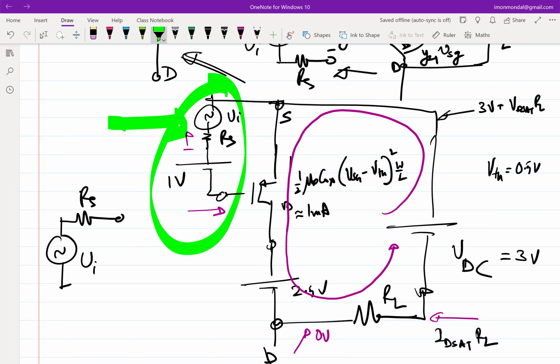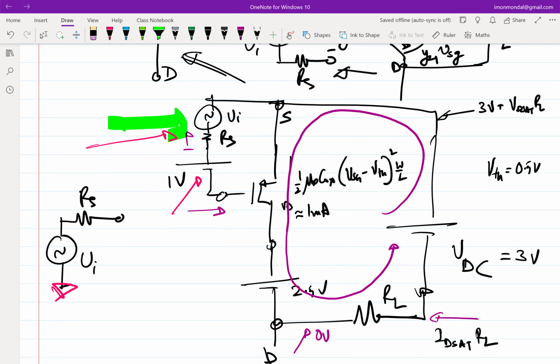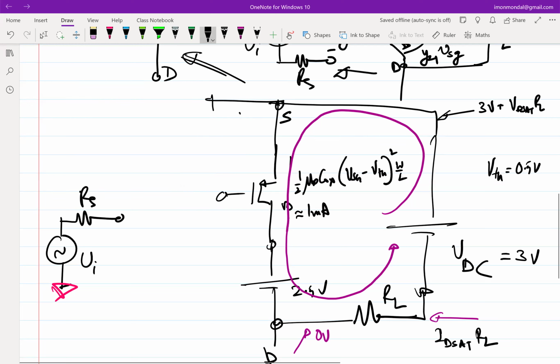Even though I have shown this as a floating source, on a piece of paper or a PowerPoint presentation you can draw anything, but in a practical scenario, you cannot have a floating source. Why am I making all these points? Let's say somehow I have to ensure that one terminal is grounded. And this 1 volt will also not be a floating source, right? So the next thing to do is to say that I have a 2 volt battery.